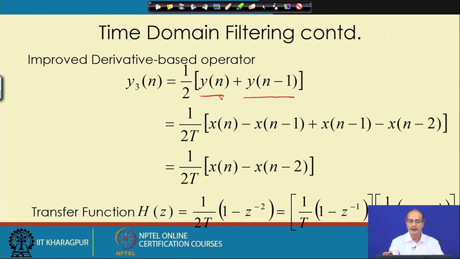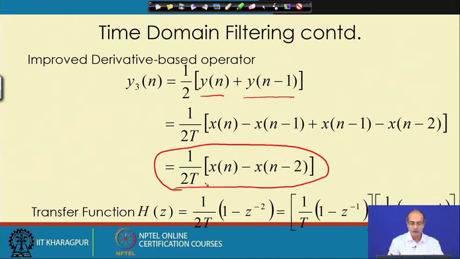If we replace y[n] and y[n-1], we can do the simple computation and we get this form. This is the form of the new modified or improved derivative based filter, and the corresponding transfer function is given here.